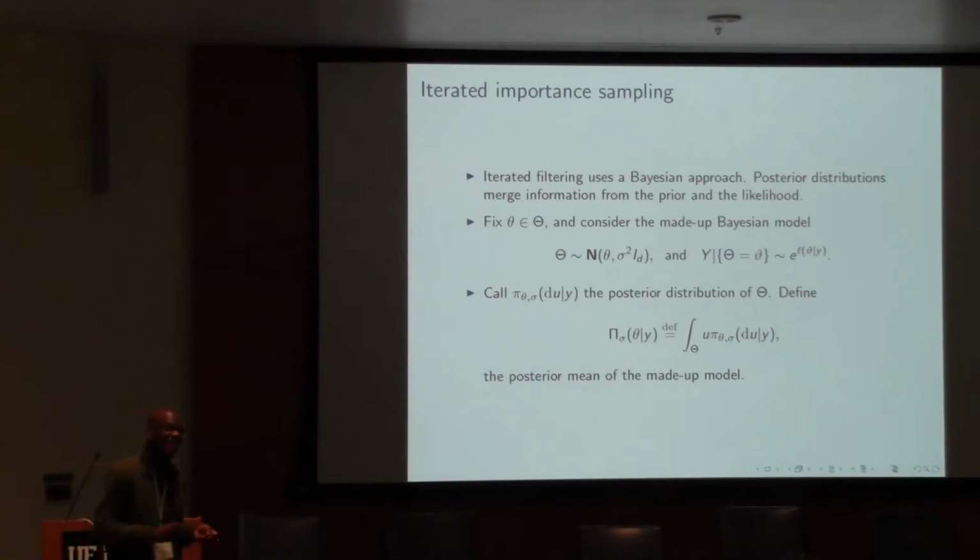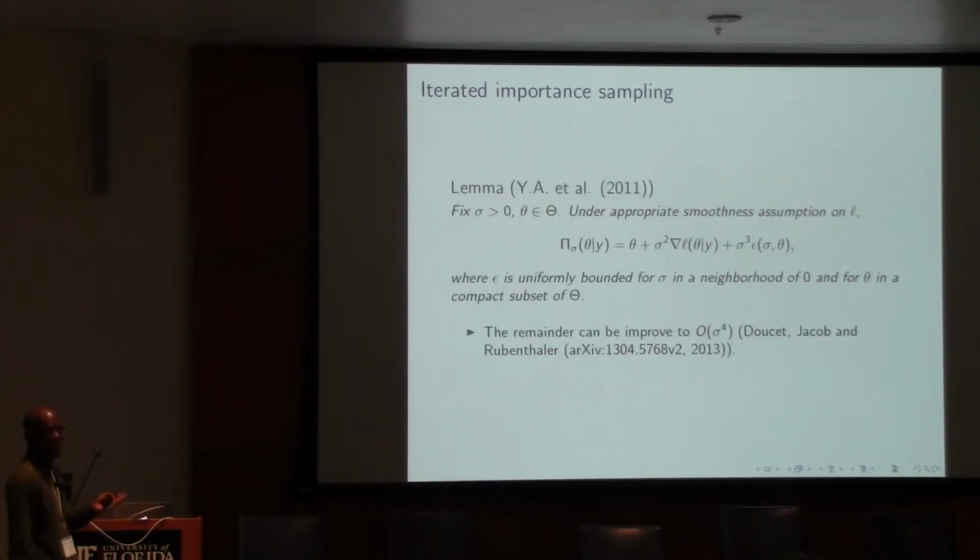Yes. Are you assuming that things are unimodal? Not unimodal, actually. What we assume in this result is that we have derivatives that are essentially bounded. Your log likelihood is smooth to the third order, and you can bound the derivative. I'm not saying anything about the maximizer here.